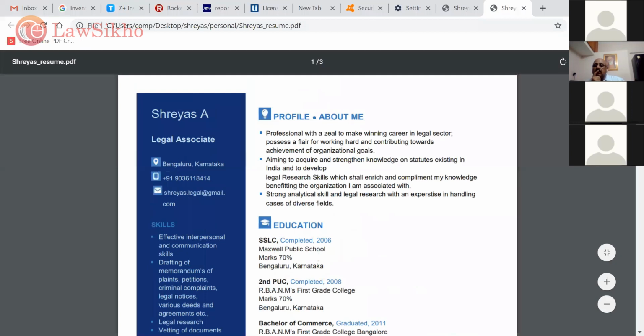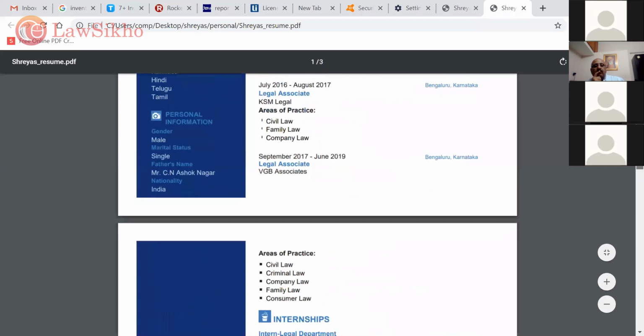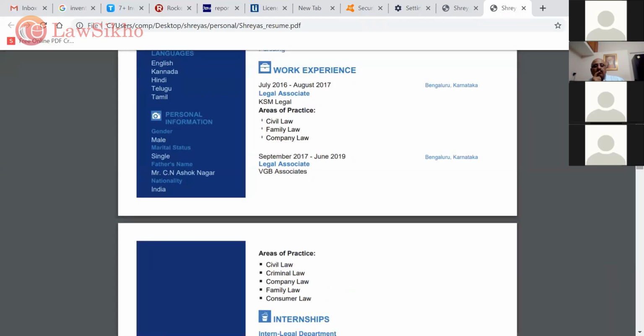It was just because I don't want it to be repeated. So I kept it. So what is repeating? If skills also is written here, and I write in this as a legal associate what all I have done, will it not be taken as a repetition? It will not be a repetition.